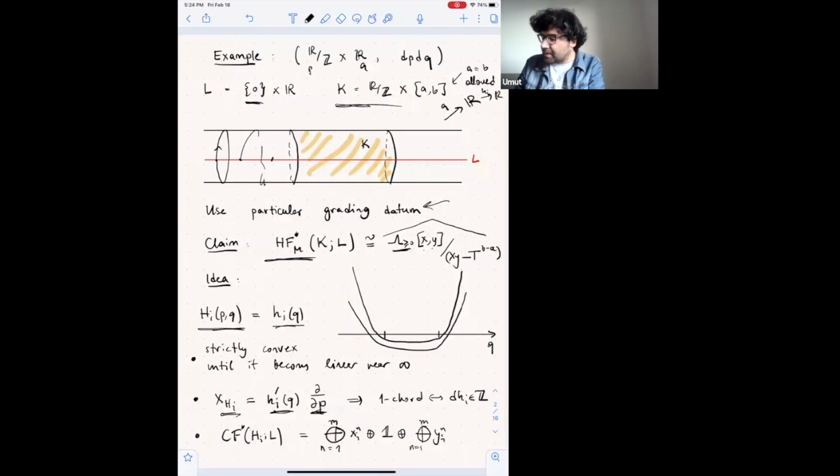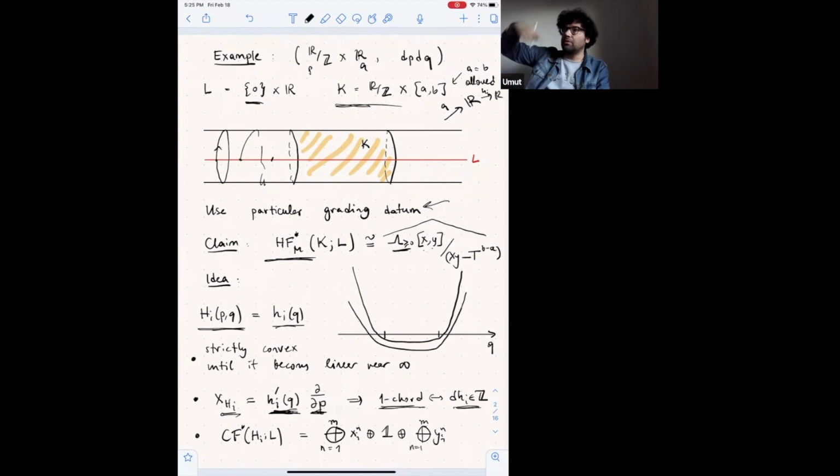And for that to happen, you're always traversing the same amount of P, and you're supposed to traverse exactly one. So one chords, you can see, correspond exactly to the points where this derivative is an integer.